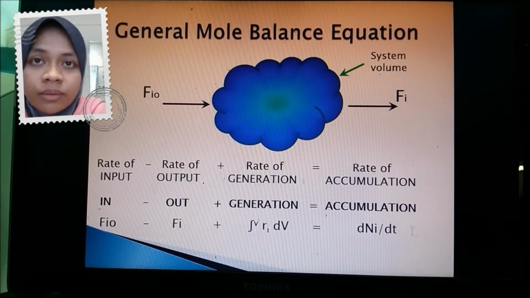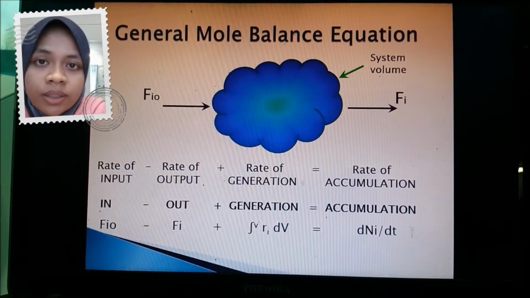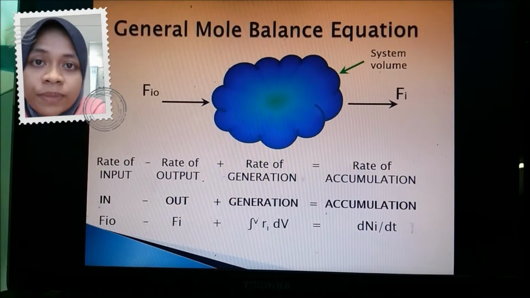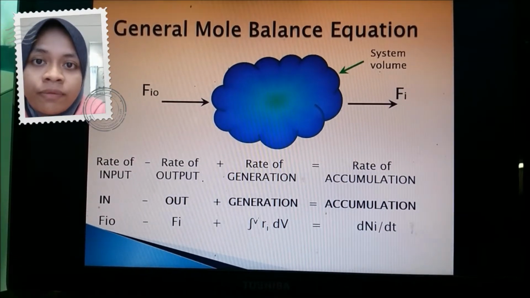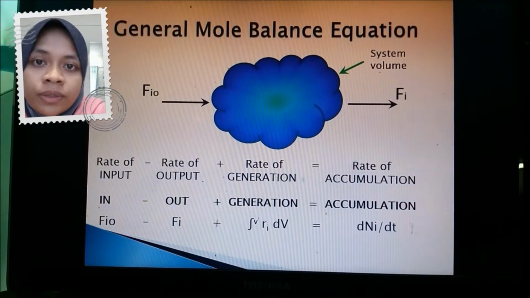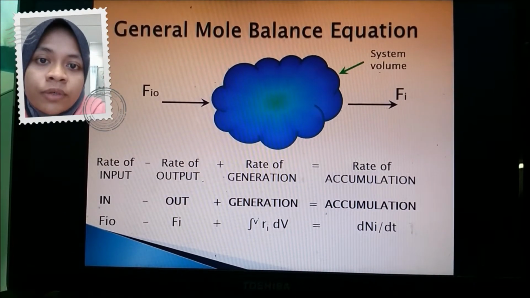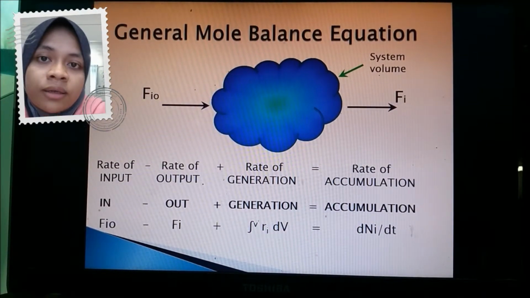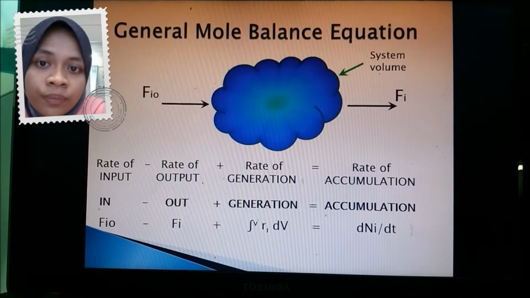Moving on to the general mole balance equation. In doing any equation, in mole balance, we must first specify the boundary that we must have. So for any type of reaction, the volume enclosed in that reaction is something that we call the system volume.